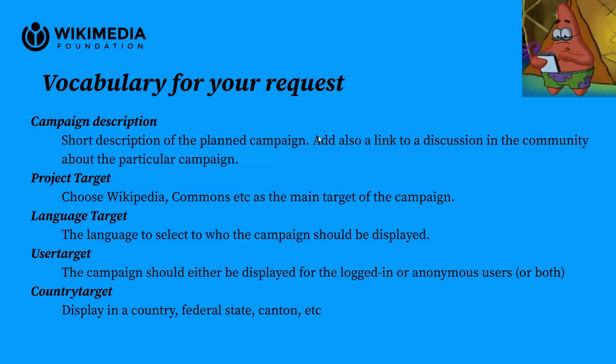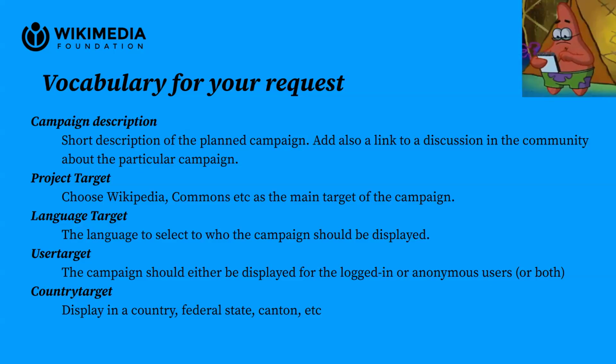More vocabulary is the campaign description. It's what we ask for. Please describe to us what your campaign is intended to do, so we can evaluate and make sure that everything is optimized for your goal. The project target: Wikipedia, Commons, Wikisource, Wikidata, which Wikimedia products do you want to target with the banner?